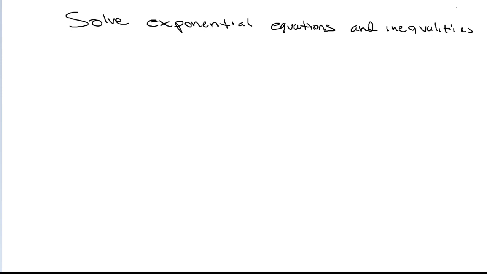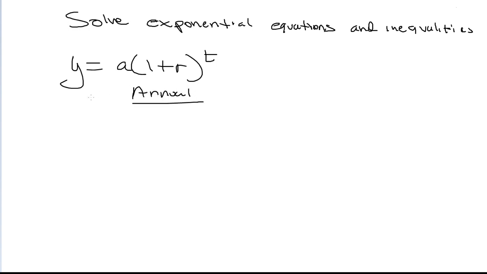So here we go. Last week we talked about interest that is compounded once a year. That equation was y equals a times 1 plus r to the t. A stands for the initial amount or principal, r stands for rate in decimal, t stands for time in years. So this is when it's compounded annually, just once a year.